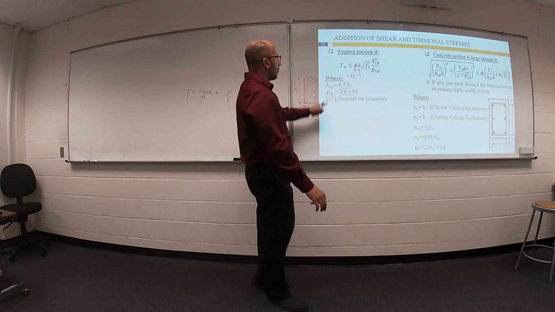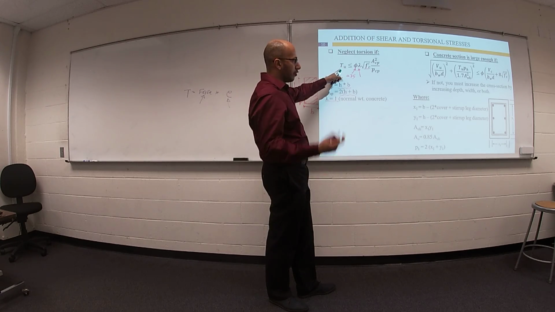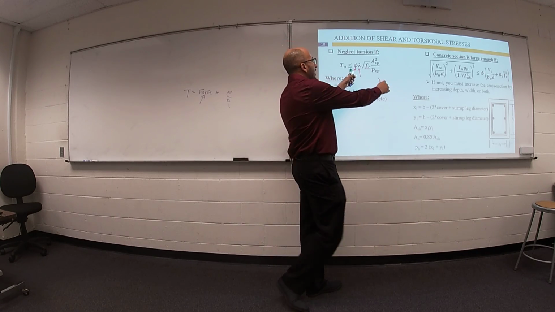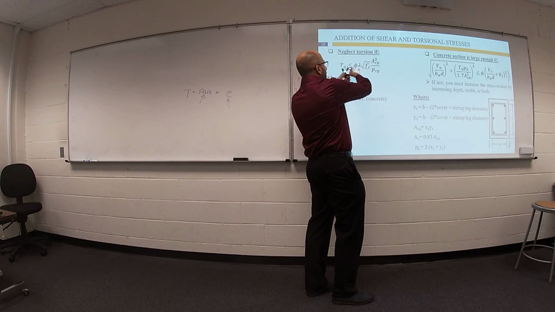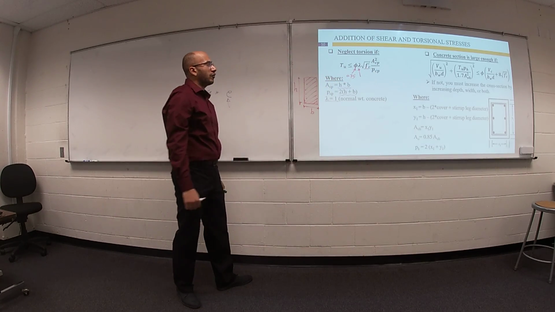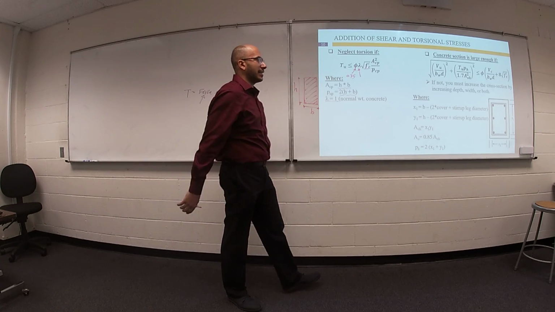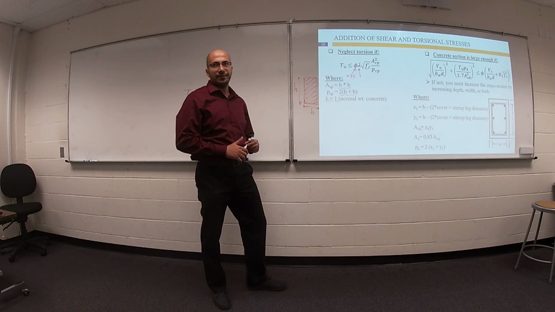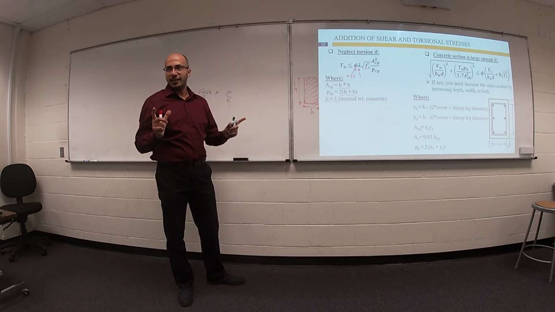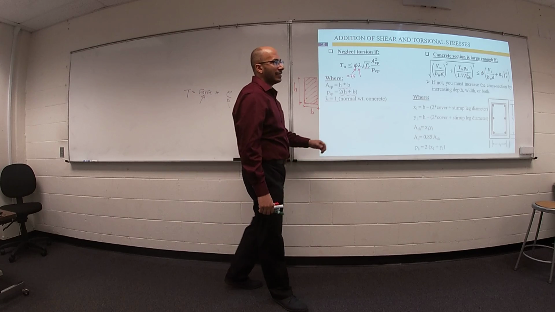So please make a comparison between your structure analysis results for torsion and this value. If you found this one smaller than this term, neglect the effect of torsion and forget it. If not, we need to consider it. First step. Any question? Any question? By the way, torsion is not included in the FE exam.